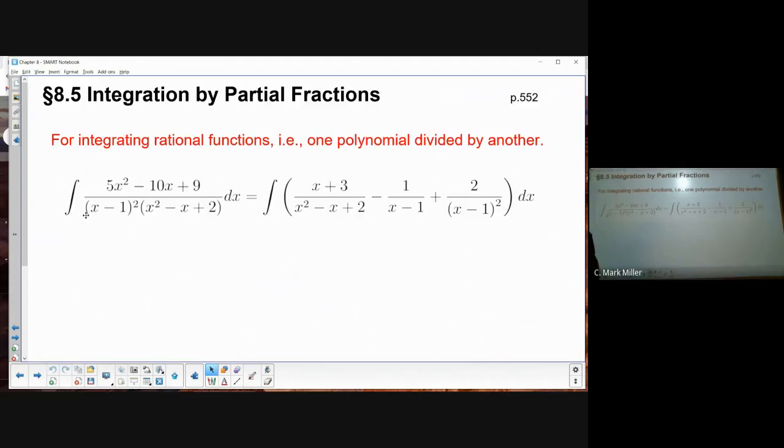And today we're actually going to start section 8.5. 8.5 is the method of partial fractions.